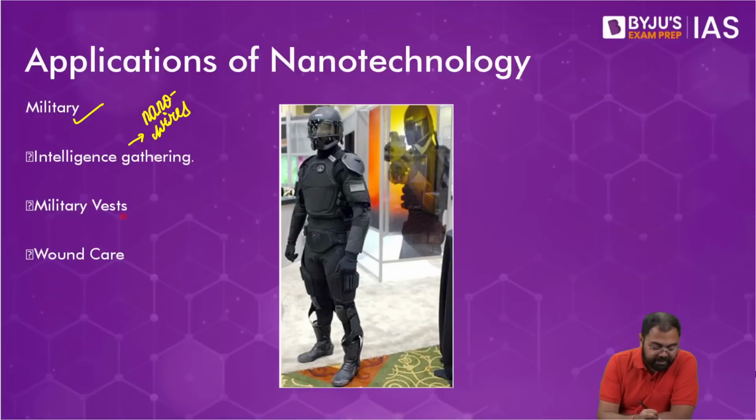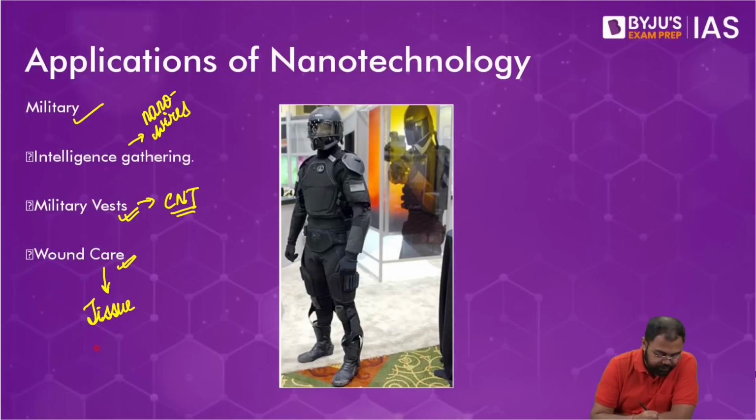Similarly, in making military vests, carbon nanotubes can be used, because they'll help us in making lightweight, stab-proof, or bulletproof clothing. That's why they become useful from that perspective. And in wound care, as we discussed about tissue engineering, tissue engineering becomes very, very crucial in this particular scenario.